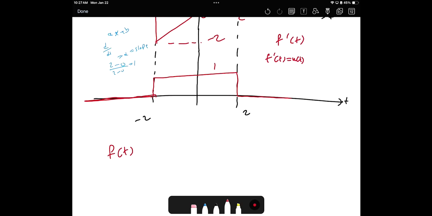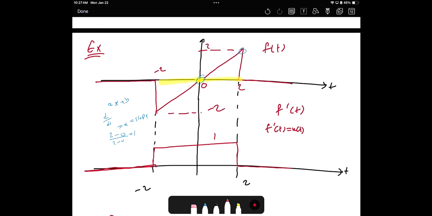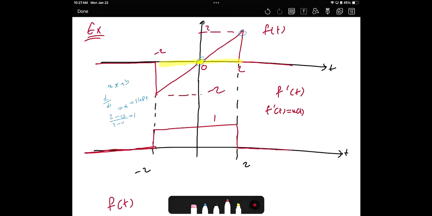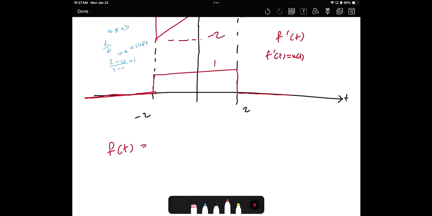Since it's a ramp and it starts at -2 with magnitude 2, and the slope is 1, it will be 1 times r of t minus t0. So that's how we need to calculate it.